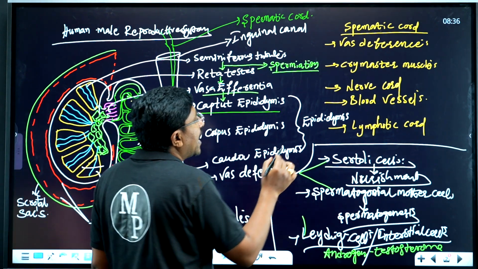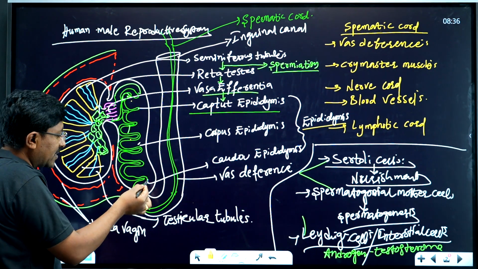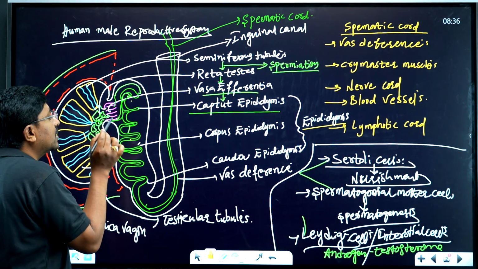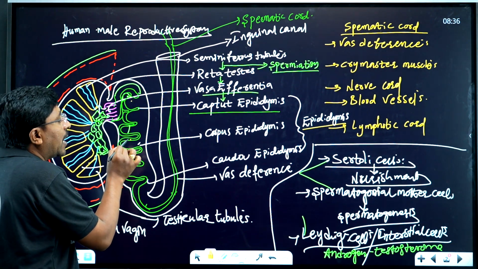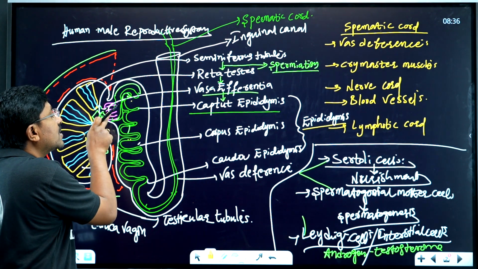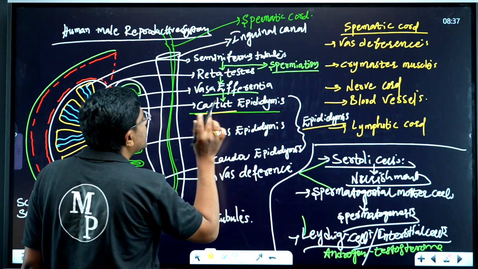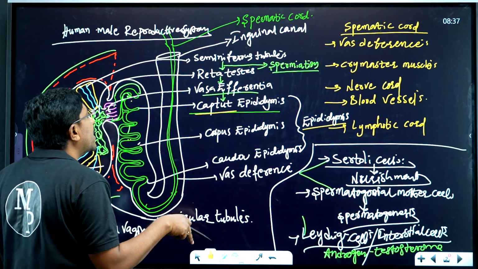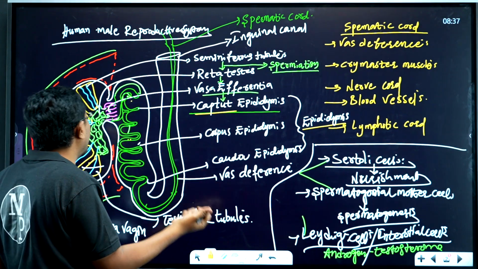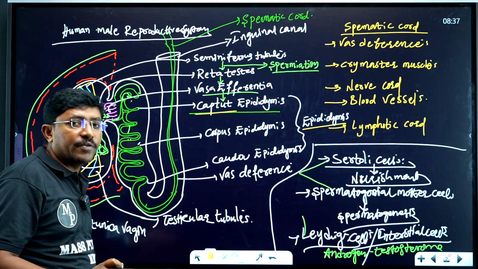Generally the epididymis is a highly coiled portion. The portion connected with the vasa efferentia is the caput epididymis, which collects the spermatozoa from inside the testis through the vasa efferentia.